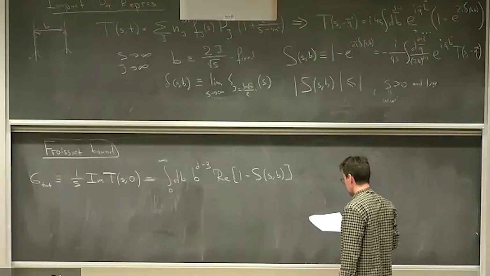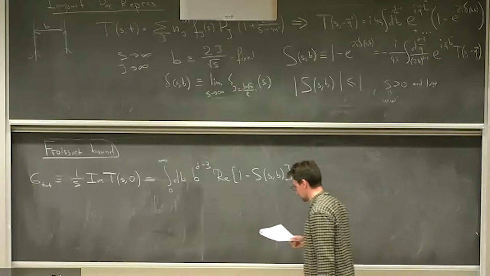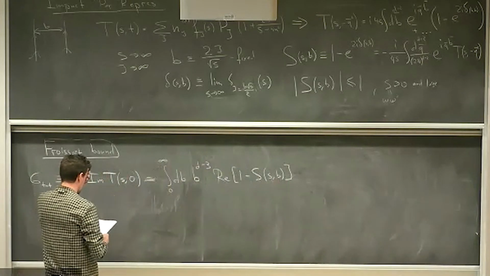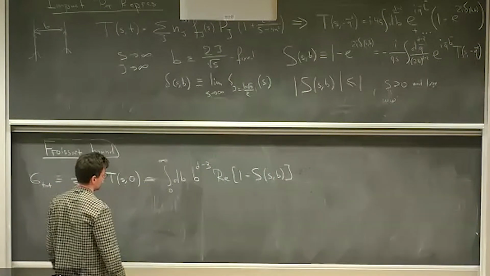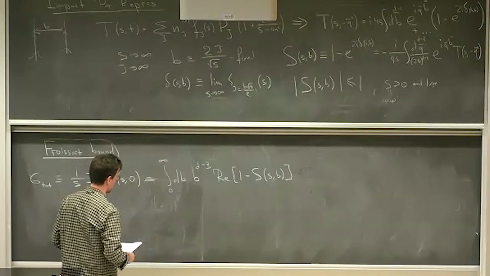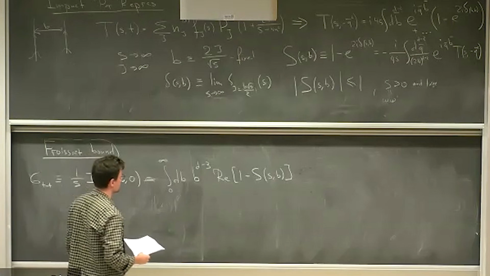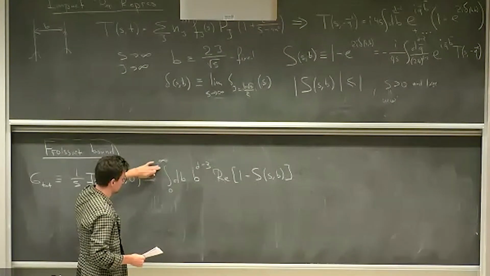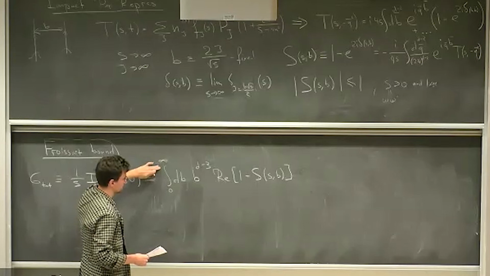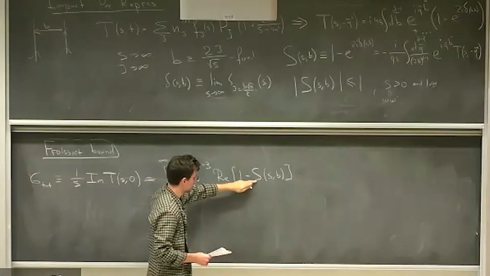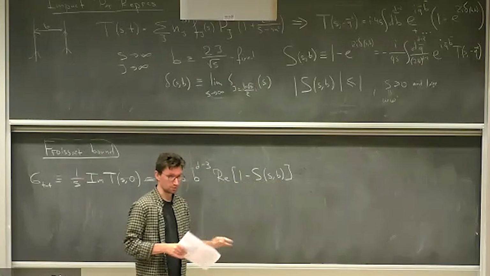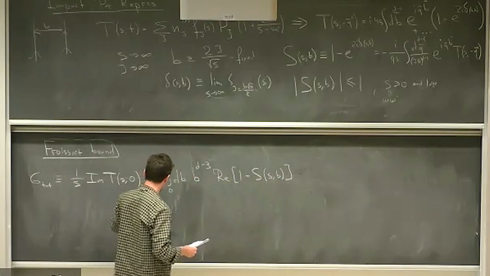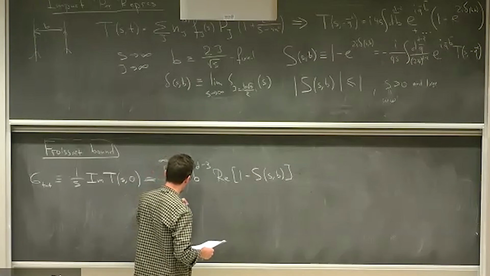And now the question is, what happens to this integral? Well, what we expect is that as we integrate over b, this interaction is eventually turned off. Let's say we fix s and we increase b.